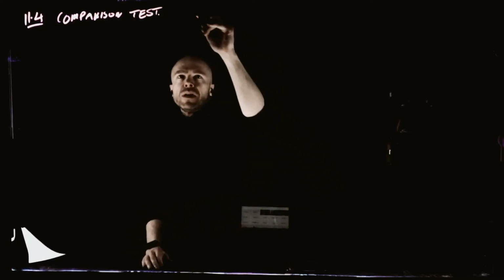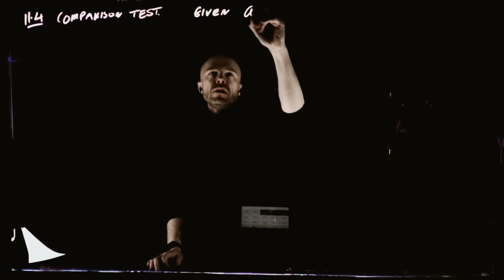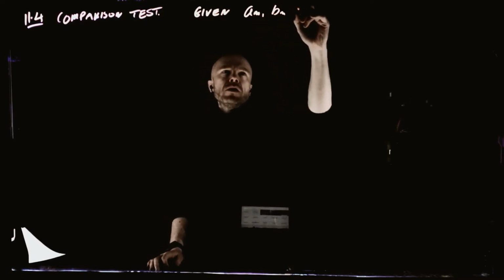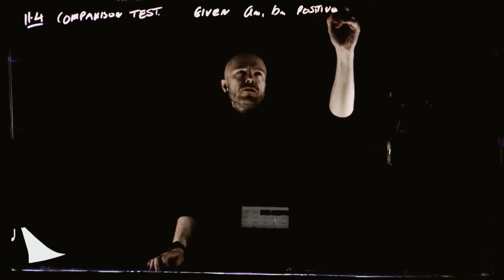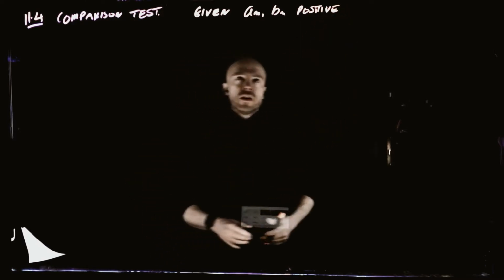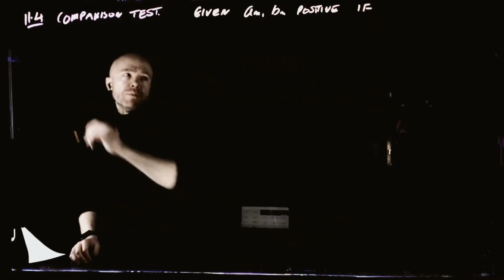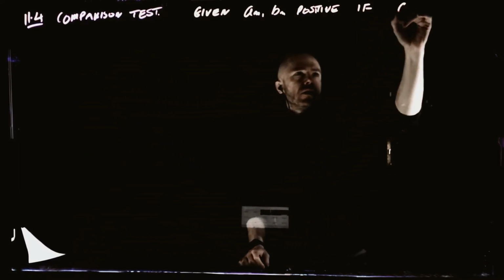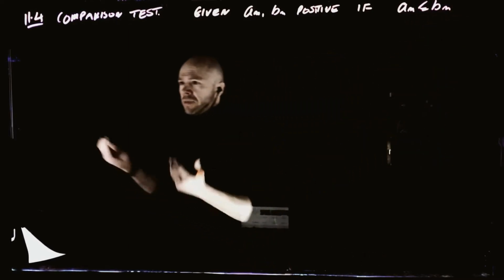Okay, the simplest. First let's say what it's about. Given an and bn positive, so everything we've talked about so far is for a series made up of positive terms. If we have the following relationship between an and bn, which is that an is less than or equal to bn for all n, then we have some easy implications.